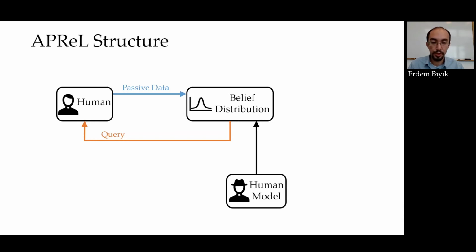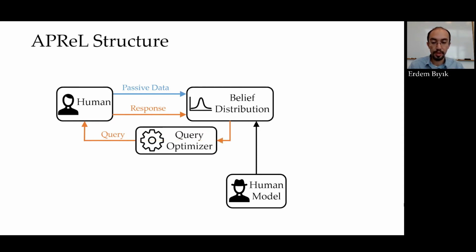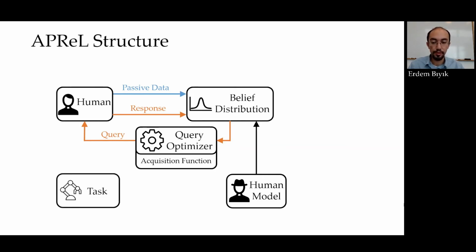After the robot queries the user with a question, the user is going to respond to the query. But one thing is very important to note in active preference-based learning. While the robot has no control over the passive data, it can actually decide what query it wants to ask the user. Therefore, it can optimize the query using some acquisition function, which is the objective of the optimization, and possibly the dynamics of the task.